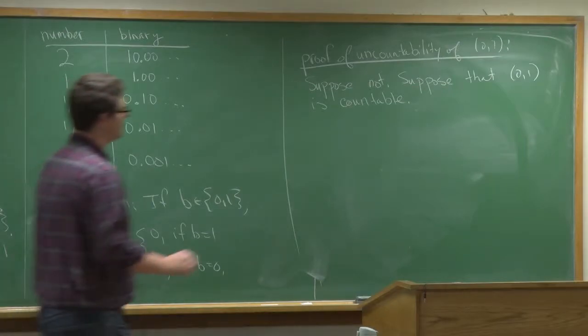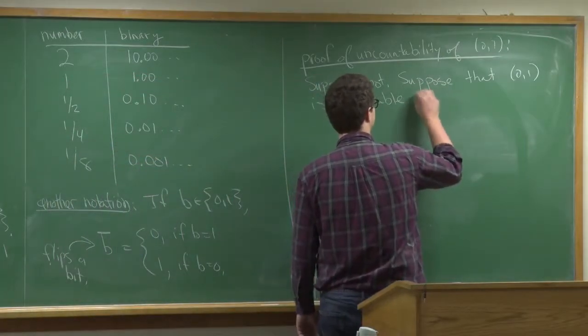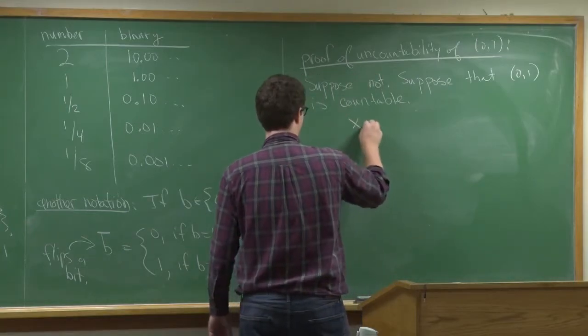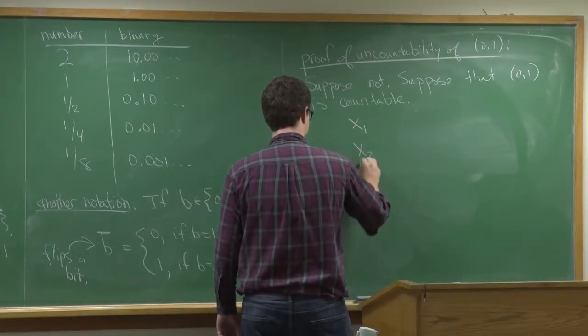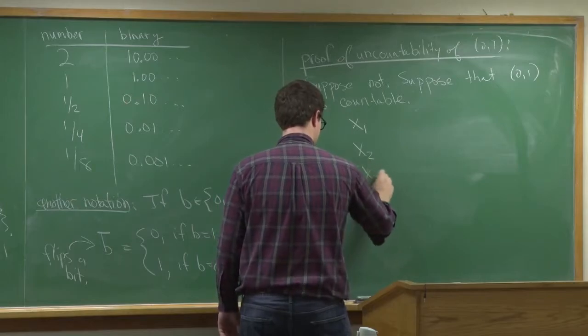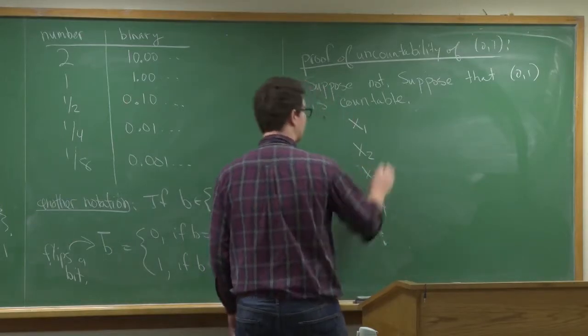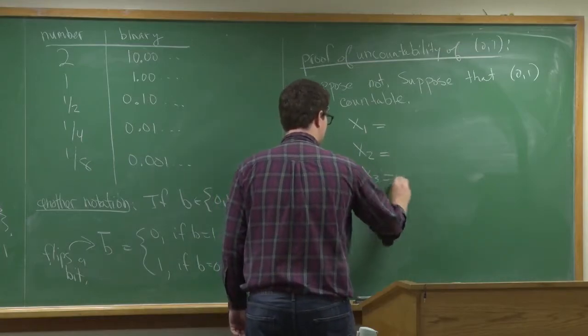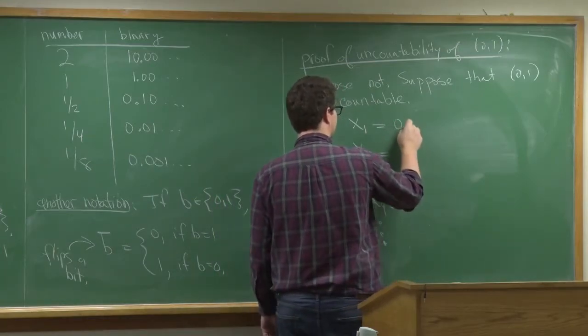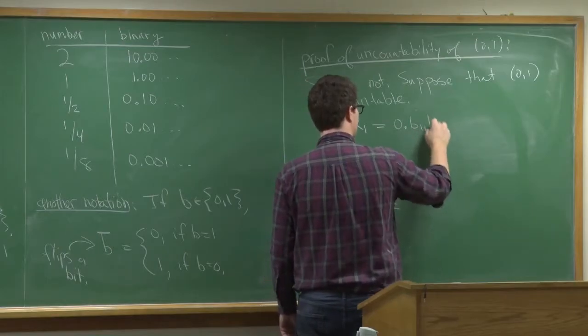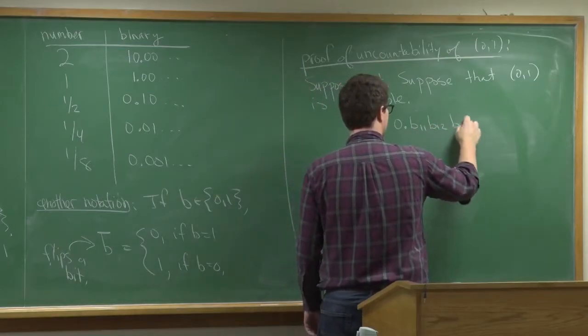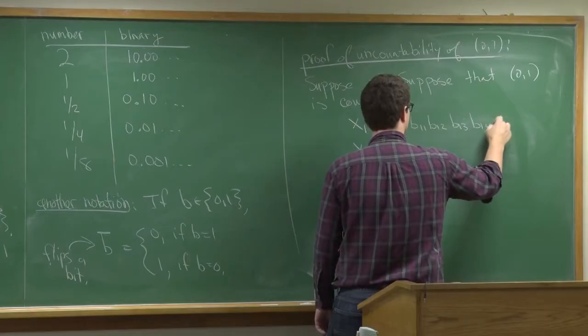So we have some x1, x2, x3, x4, like this, and this continues on like this. And then I'm going to write this down in the binary expansion. So this is 0.b11, b12, b13, b14, and it goes on.